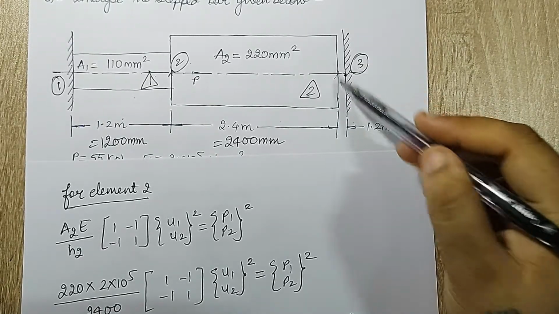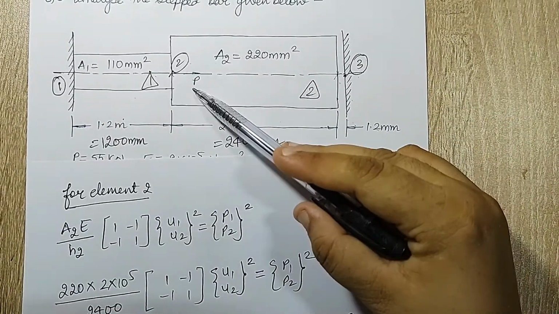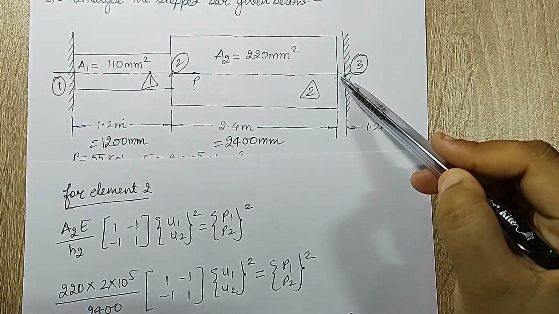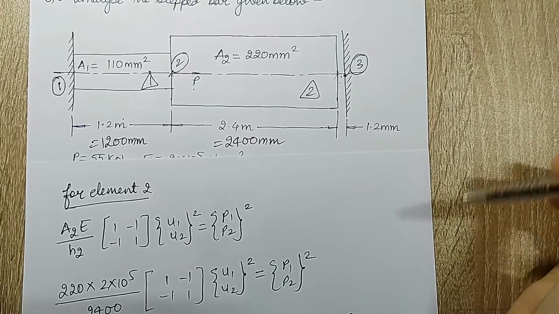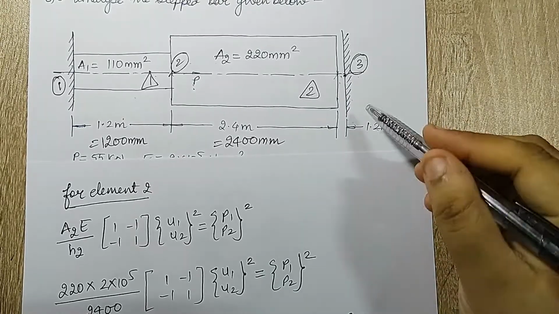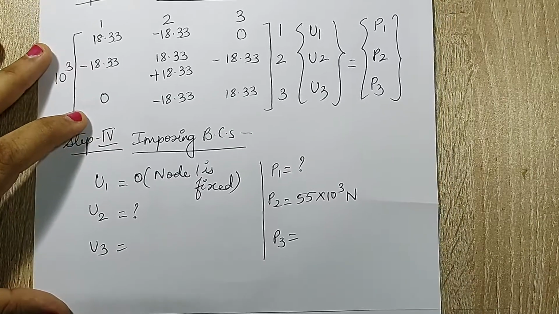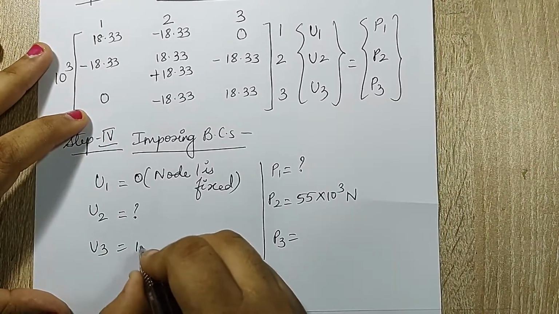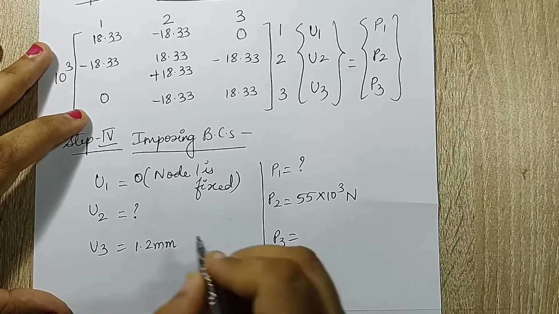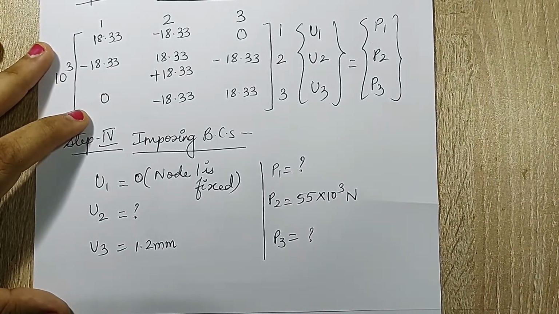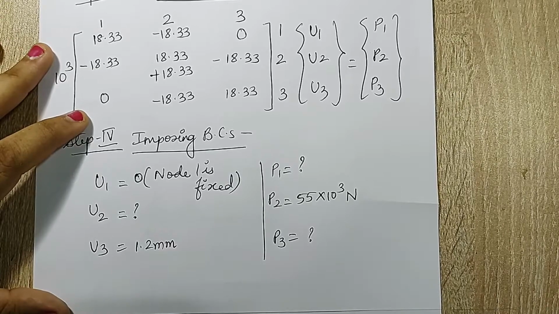If you observe, this is free. So once this load is applied, this displacement happens, node 3 displacement happens, only then P3 comes into picture. So I would be writing down U3 is 1.2 mm. So I'll write here 1.2 mm and P3 will be question mark, which is the reaction which I need to find.